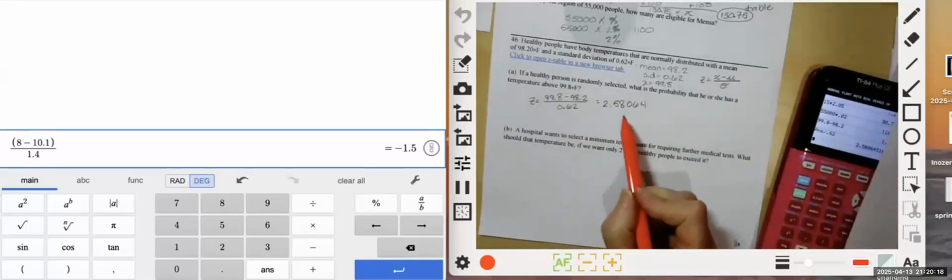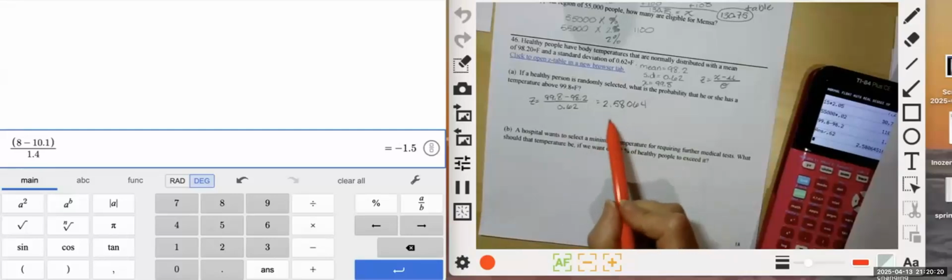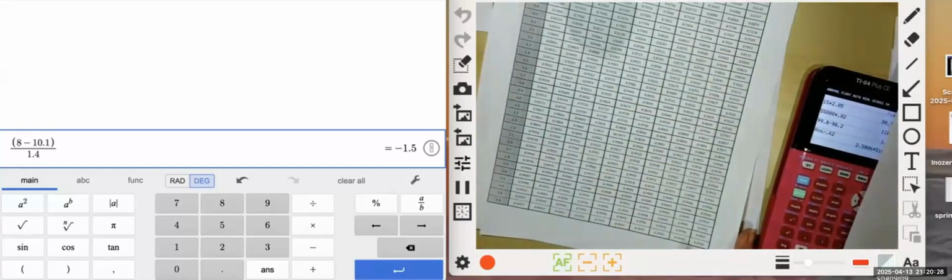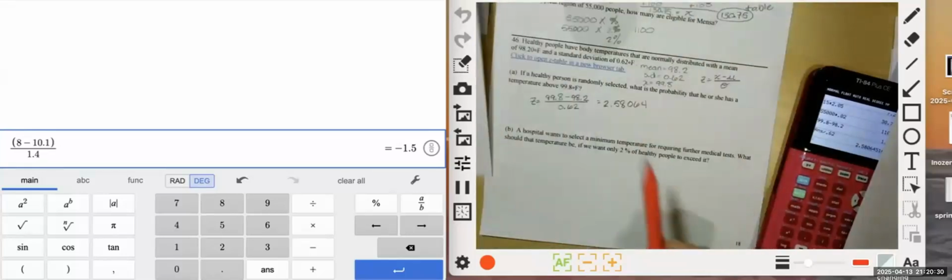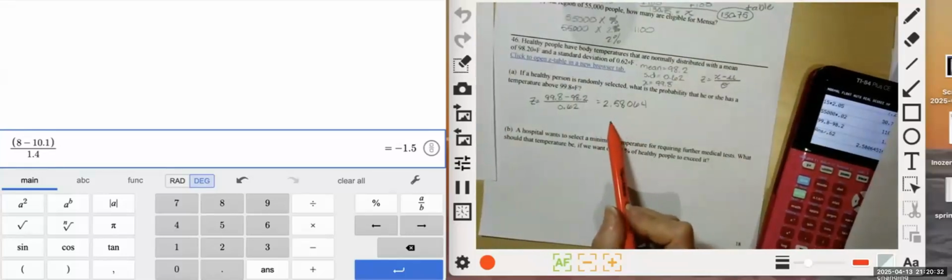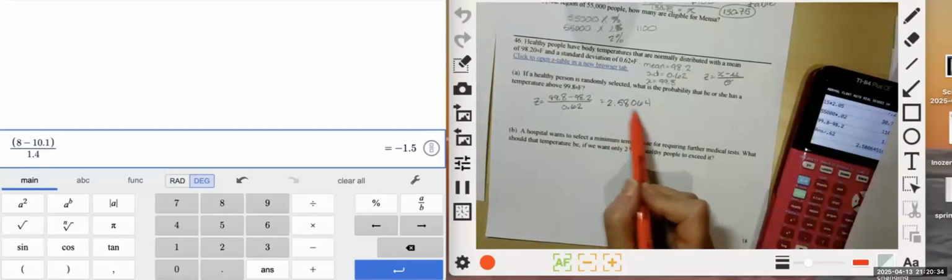So 2.58. Am I looking for that inside the table or outside of the table? Inside of the table is the percent, outside of the table is the z-score. So it should be outside, because this is not a percent.